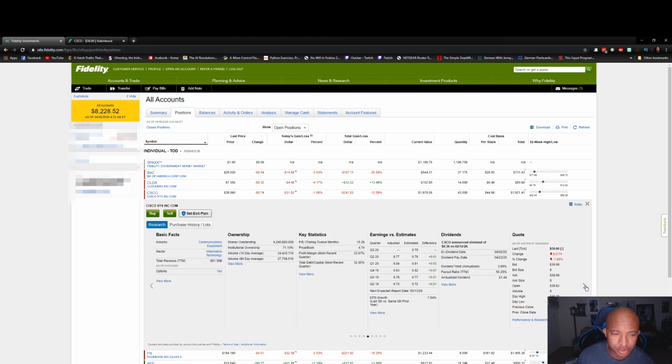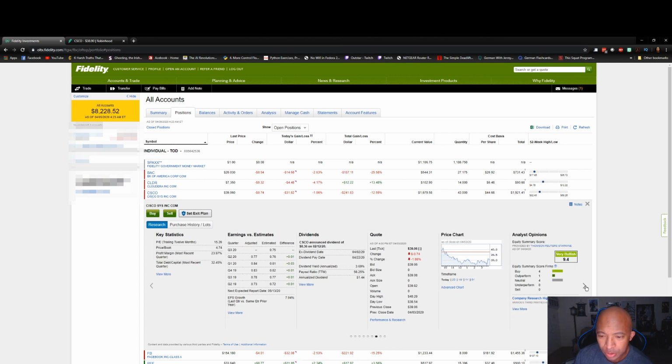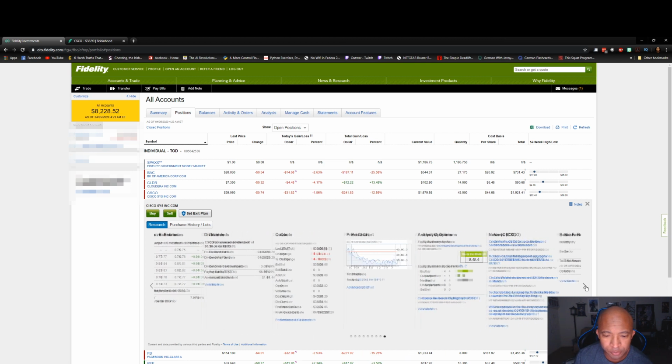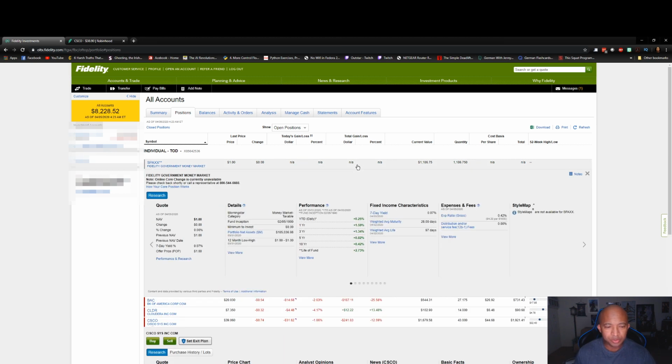All this information is available for any stock that you want to look at, and it's available right here from the menu. That is one of the first things I like about Fidelity that I found out after having used it for about a month. The next thing I want to talk about is what happens to your settled cash.